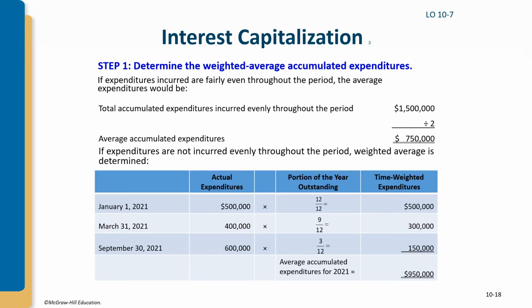However, that's not what our situation is. Our situation is there were some in January, some in March, and then 6 months later in September. So they're not even. So because of that, here's what we calculate.